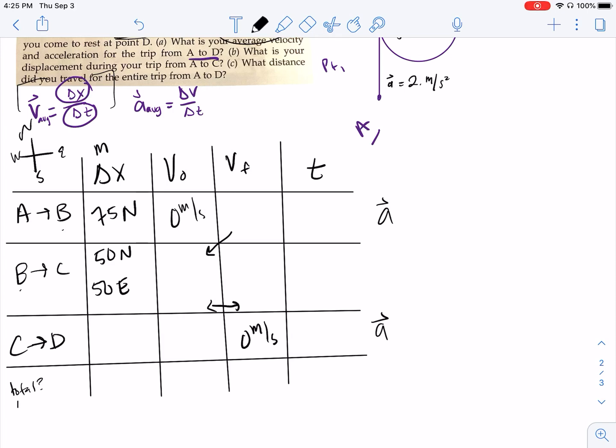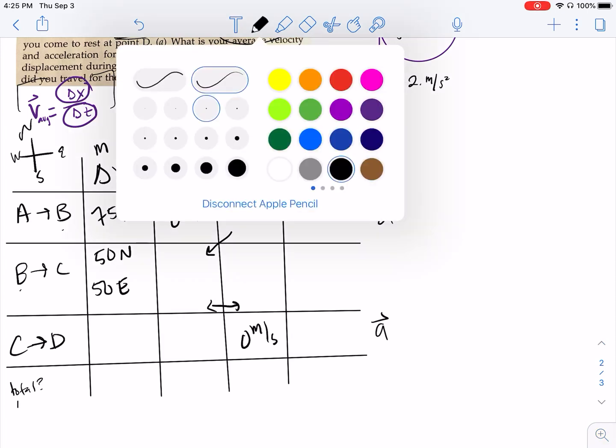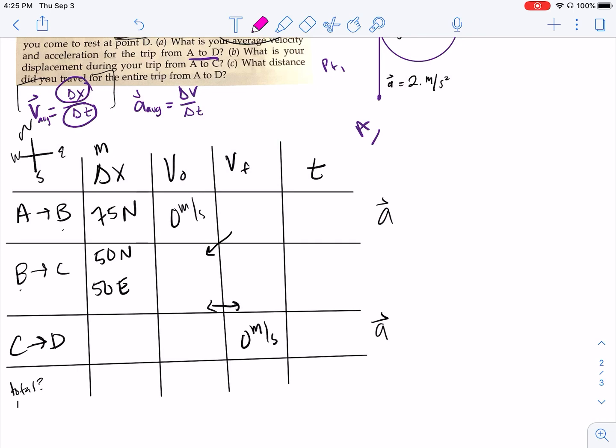The equation that we can use, there's probably different ways to go about doing this, but I'm going to use this one, is I want to find my time first. So I can use the formula delta x equals v naught t plus 1/2 at squared. I can do this because I have everything but t. So delta x equals, well, v naught was 0, so that cancels. 1/2, my a was 2, and then I can find my t squared.